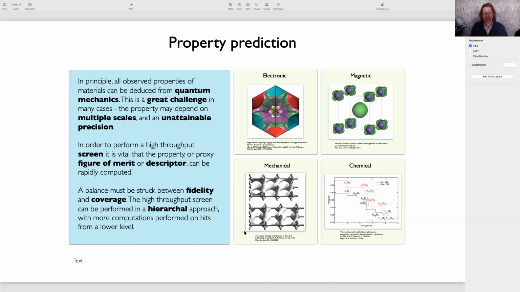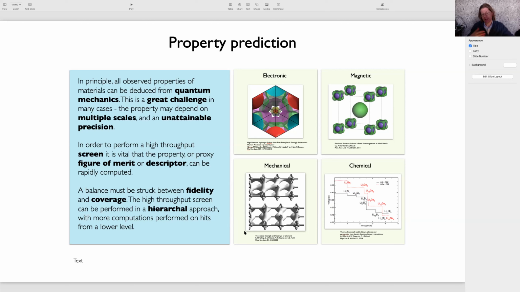And then when you've identified some likely hits or successful ones, you might focus in on those and do much more involved calculations. And if anyone is interested, we recently published a project along these lines when we were looking for high temperature superconductors under pressure.